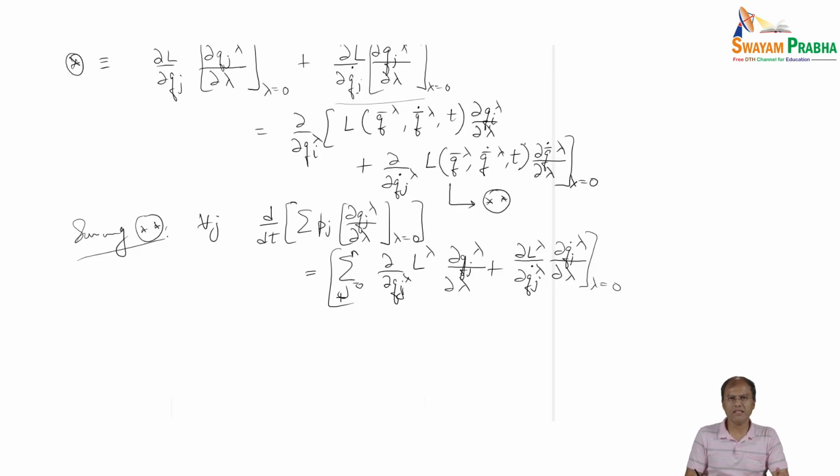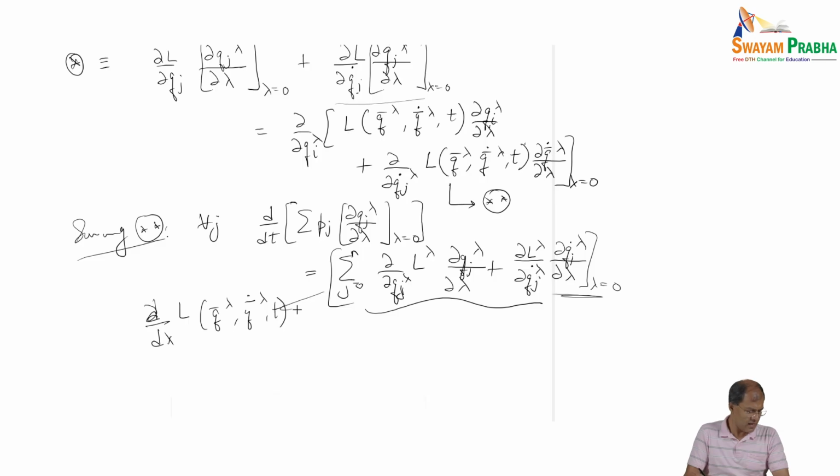Since we expect that the Lagrangian is invariant with respect to the map m_lambda, the right hand side is 0, because we have used the fact that the derivative with respect to lambda of L(q(lambda), q dot(lambda), t) is the same as the one without the map, which is L(q, q dot, t).